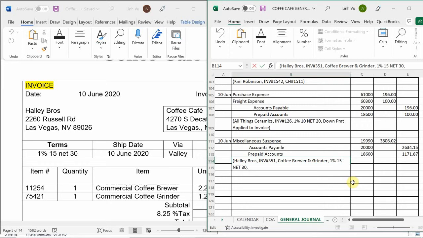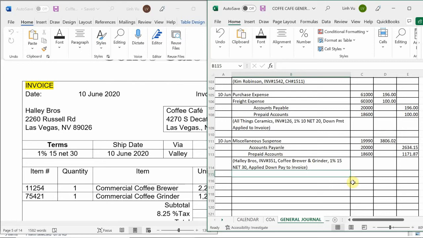And of course, we also applied the down payment to the invoice. Okay. That looks like good enough information.